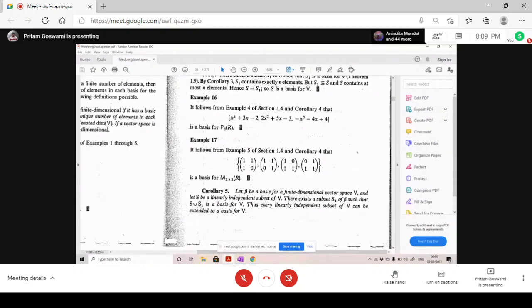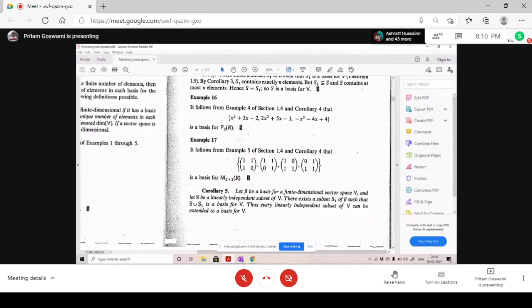In the replacement theorem, we said S union S1 generates the space, but we didn't talk about whether it is a basis or not. But here I can assure you by Corollary 5 that S union S1 will be a basis. Not only will it generate the space, it will be a basis also.